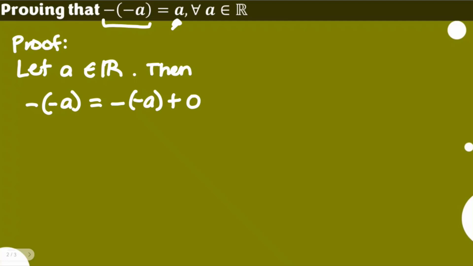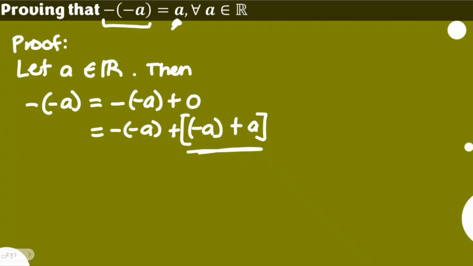We are doing this because we can express 0 as a sum of these two expressions: negative a plus a, because these two are opposites, or additive inverses of each other. Then if you add them, definitely it will become 0.